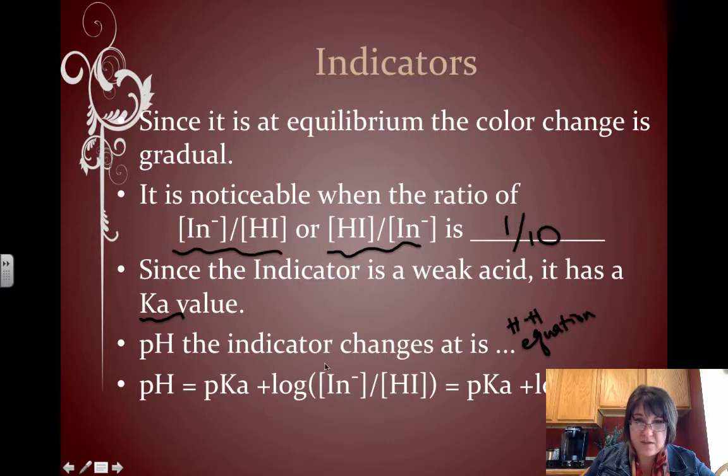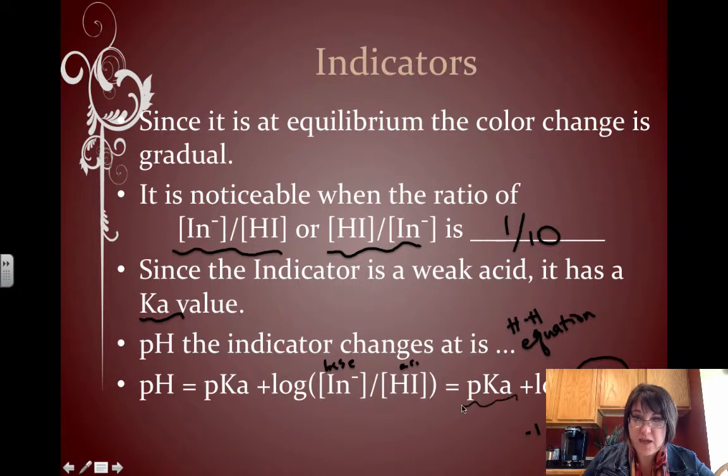So we put the base over the acid, and that is Henderson-Hasselbalch, right? And we want our ratio to be at least 1/10 so that we get a color change. Well, what is the log of 1/10? The log of 1/10, that's 10 to the minus 1 power, so that means your log is -1.